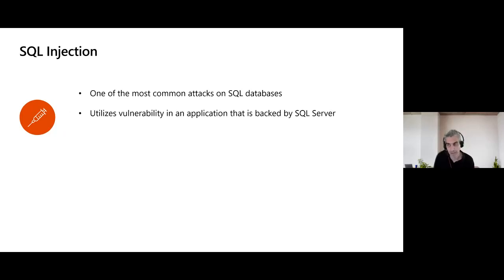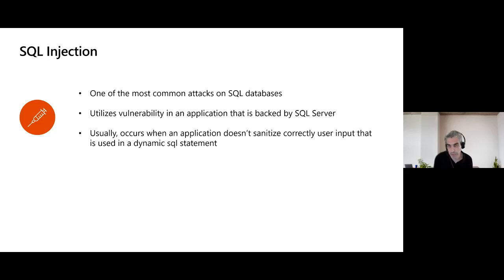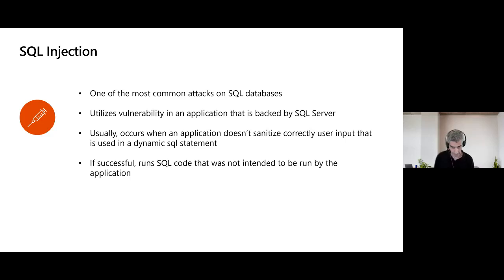The application is backed by a SQL server, and when the application doesn't correctly sanitize the user input, which is used in a dynamic SQL statement, for example, constructed from several fields in a web form, an attacker can leverage that and insert their own SQL code to run, which was not intended by the application. For example, extract information from the database or even take ownership of the machine itself.